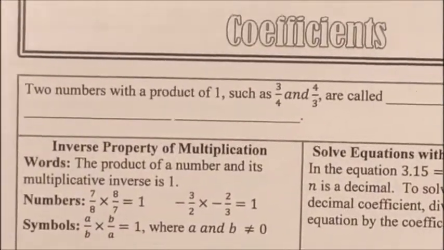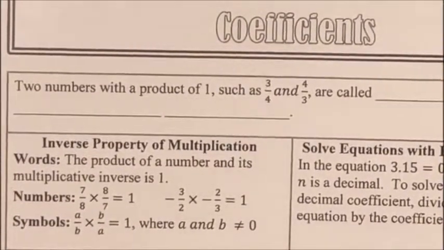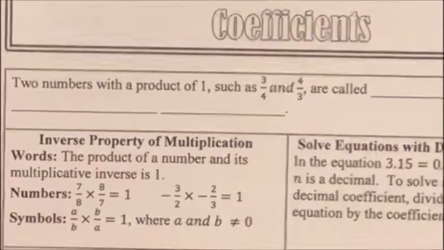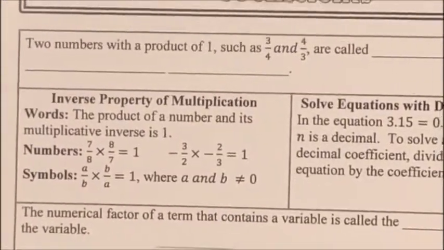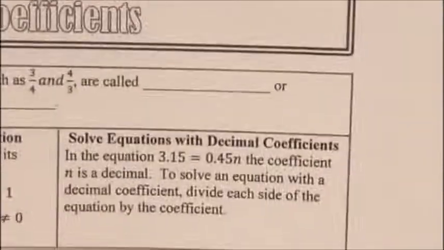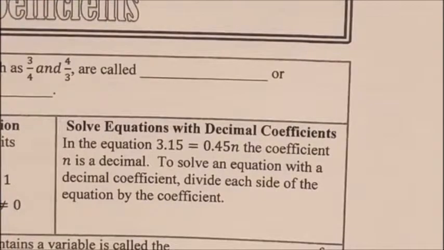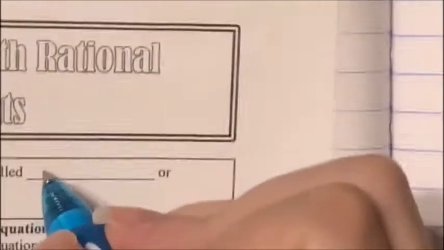And it says two numbers with a product of 1, such as 3/4 and 4/3 are called blank or blank blank. Okay, so in those blanks, in the first blank, you're going to write reciprocals. All right, 1 second, let me adjust this real fast so I have a little bit more room to write.